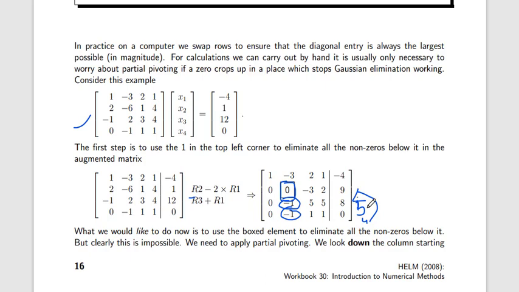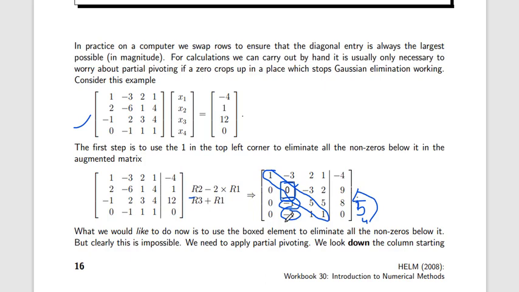So this is partial pivoting, which only means that if we want to do elimination, we will swap the rows so that the diagonal element always has a much larger number than below it. Remember, the diagonal element always has a larger number than below it.